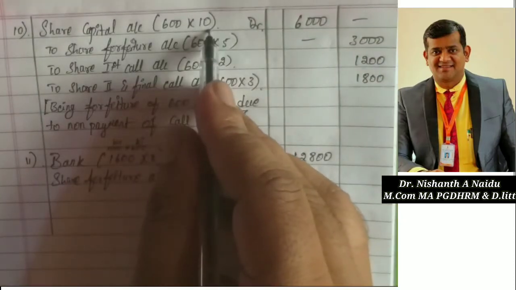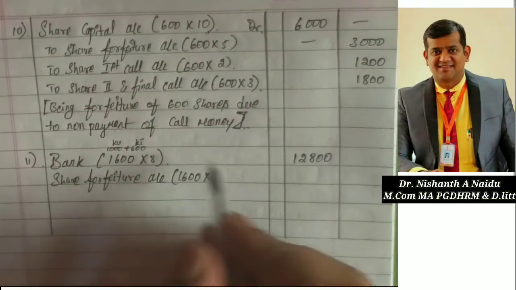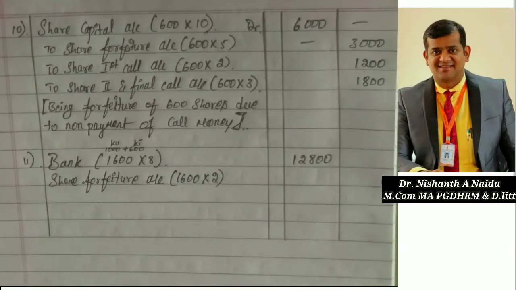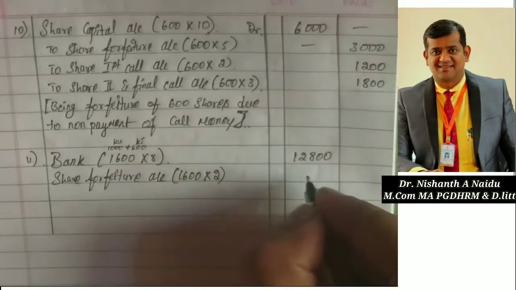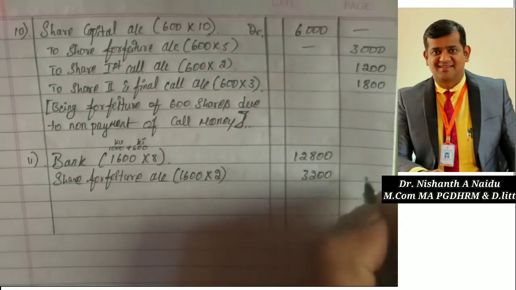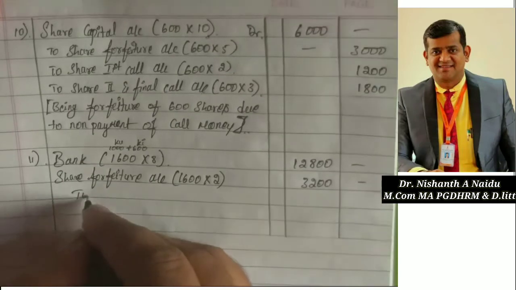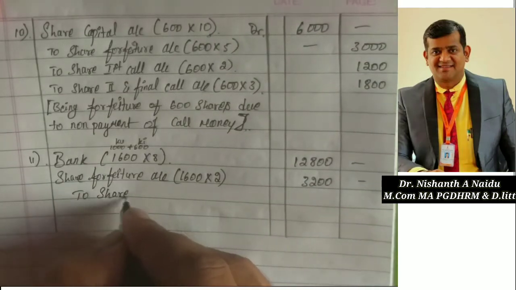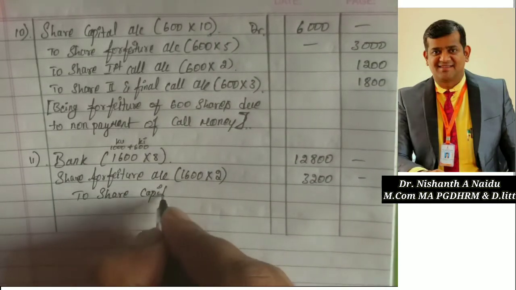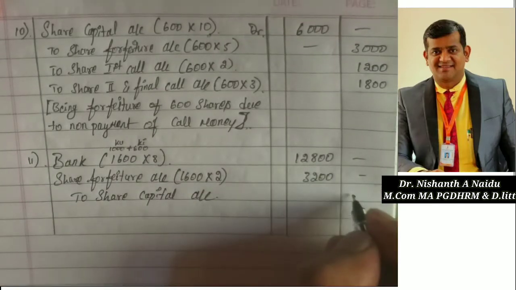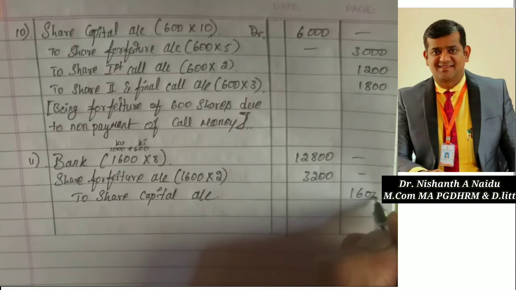The face value of the share is 10 rupees, but we are reissuing at 8. So loss is 2. So 1,600 into 2 is 3,200. Then to share capital account. So how much? To share capital account 16,000 rupees.